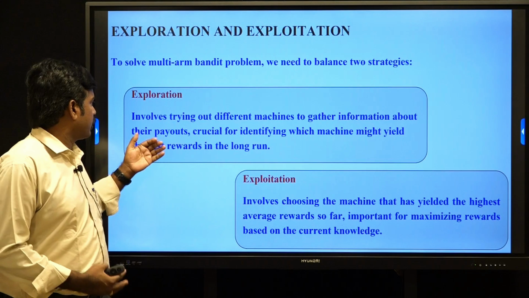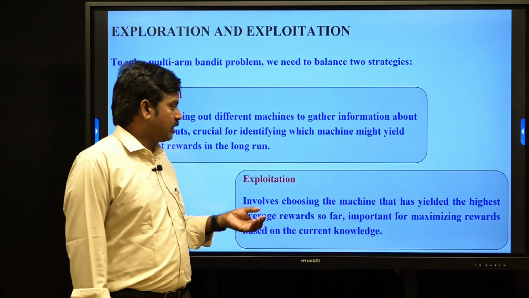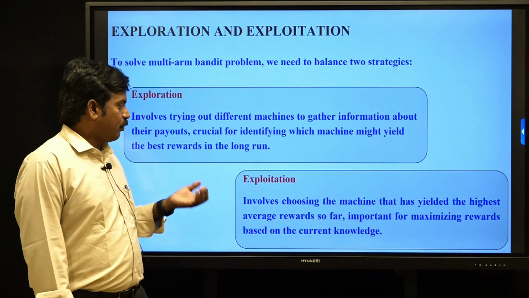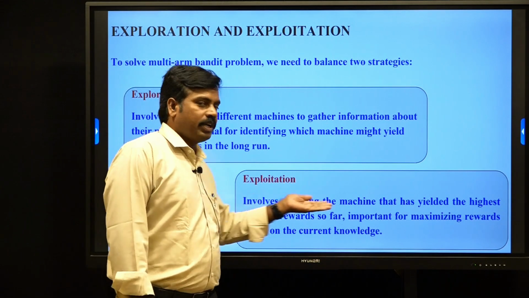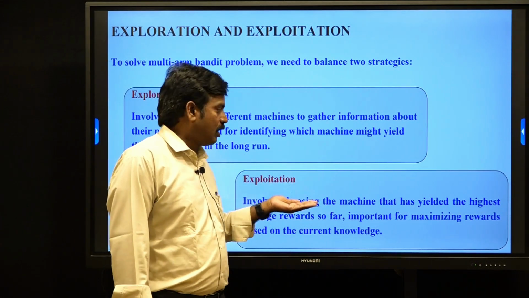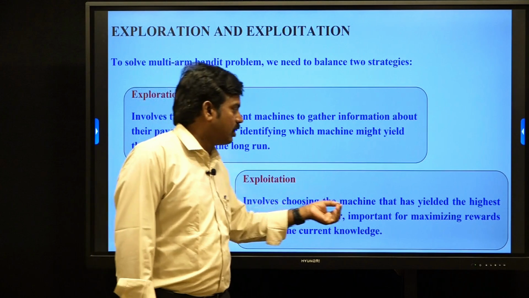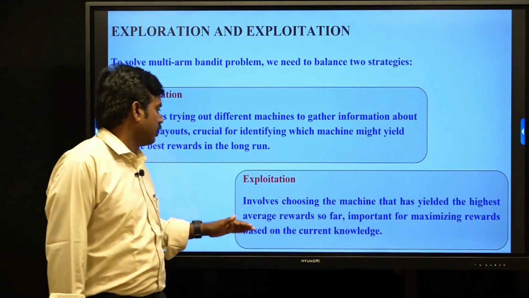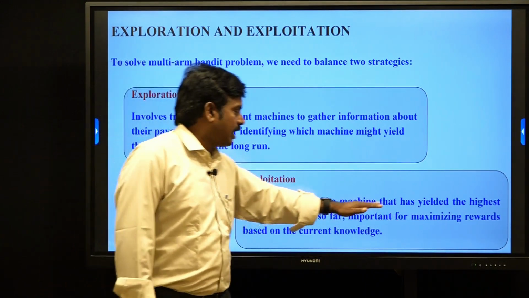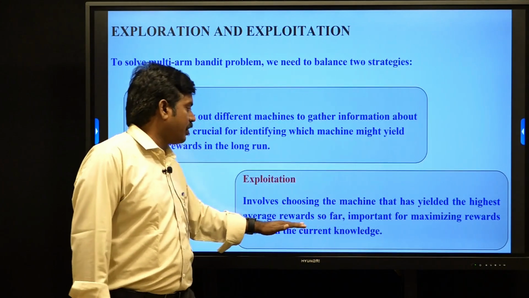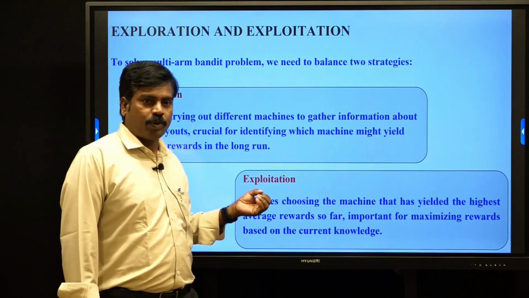That is exploration. Exploitation is when we have the knowledge, meaning we have the machines' payout values, and we choose the best payout machine. It involves choosing the machine that has yielded the highest average reward. That is exploitation.